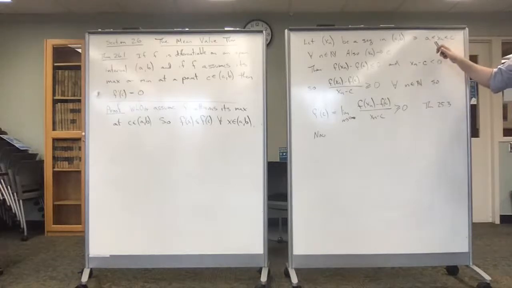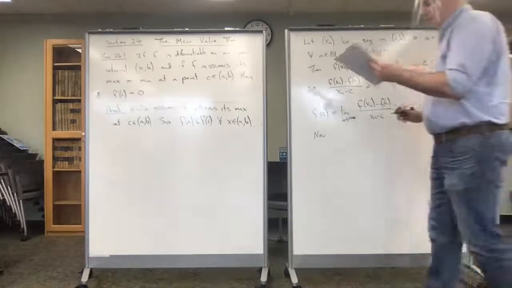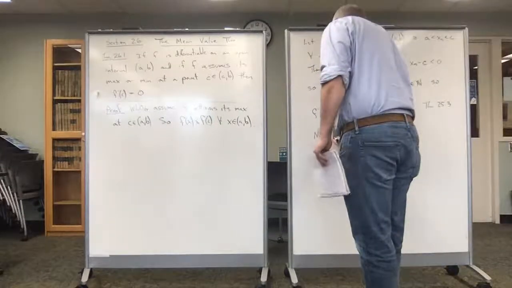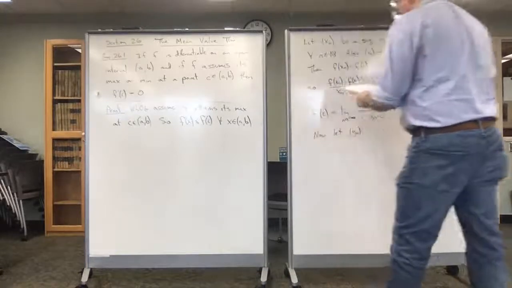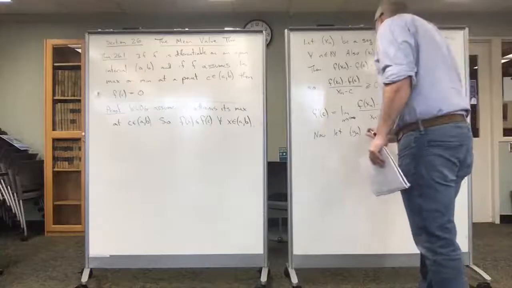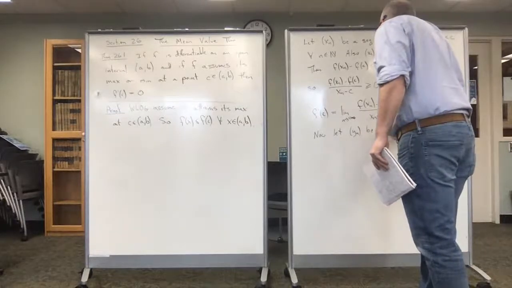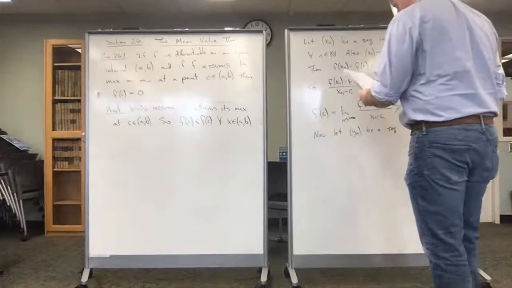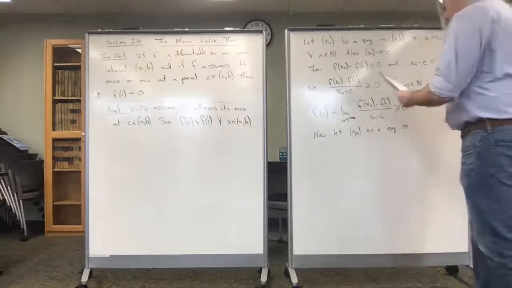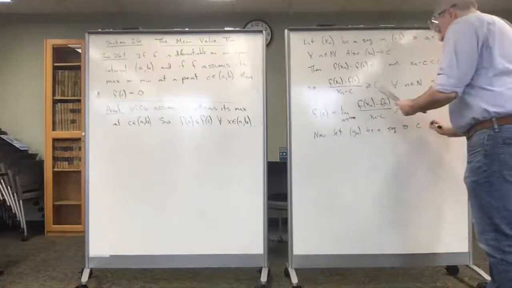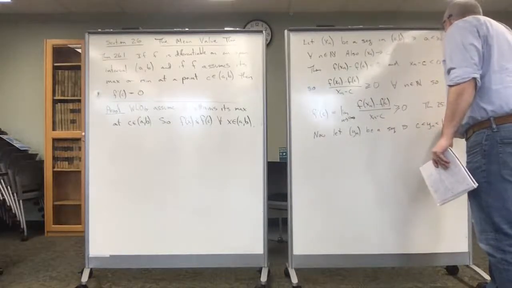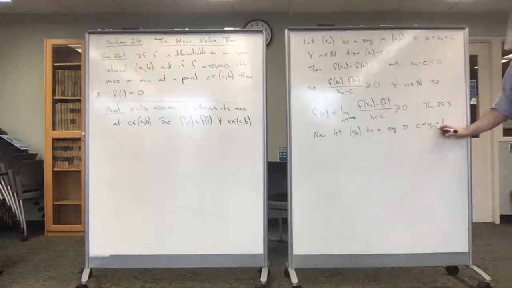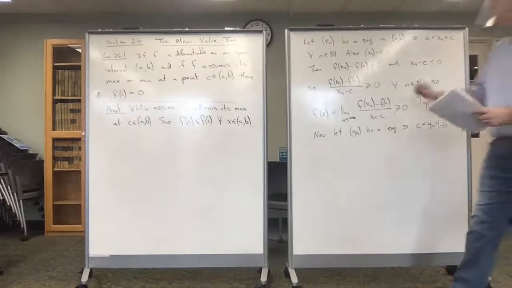Now let's take a sequence that's to the right of c and do the exact same process. Let's call it y sub n, be a sequence such that c is less than y sub n is less than b. So now the y sub n's are to the right of c.